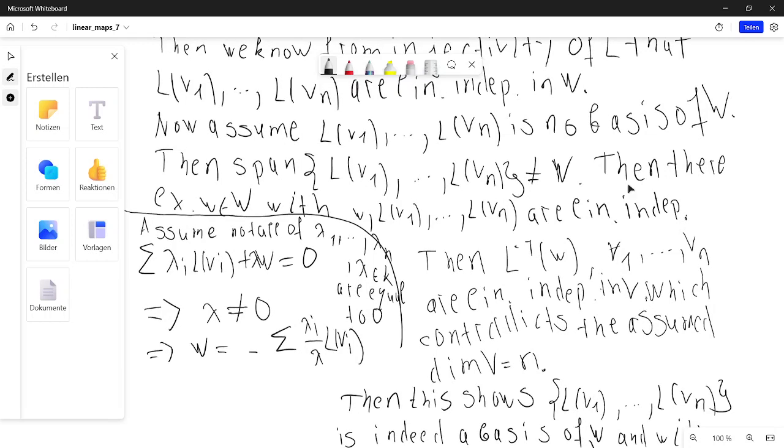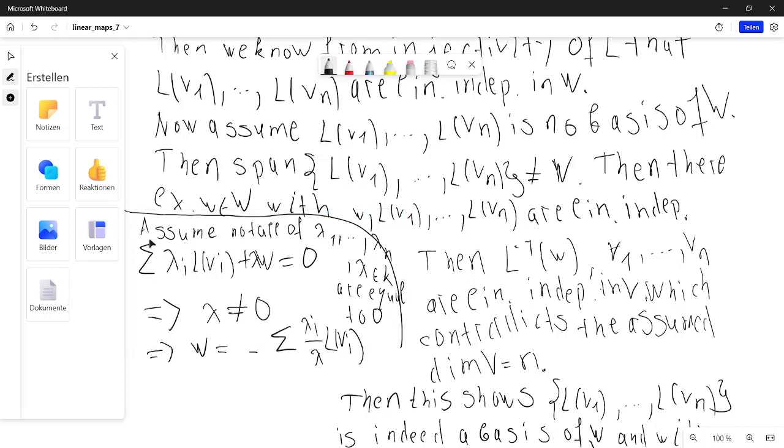How do we show that the span of these vectors not being equal to W actually implies the existence of a W in W with the property that W, L(V1) to L(Vn) are linearly independent? We show that via contraposition. That is, we show the following claim.